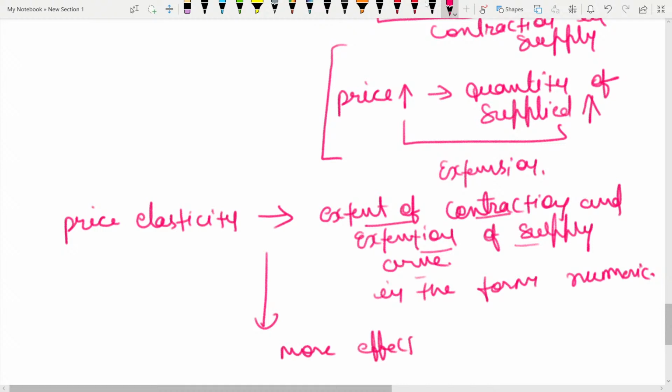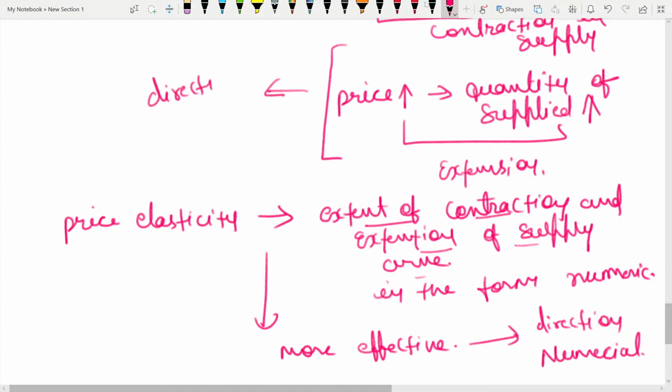more effective because it tells the direction along with the numerical form, whereas the law of supply talks only about direction. Okay, so seeing the relationship only on the basis of direction is not enough.